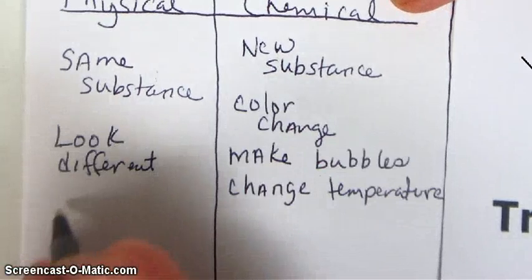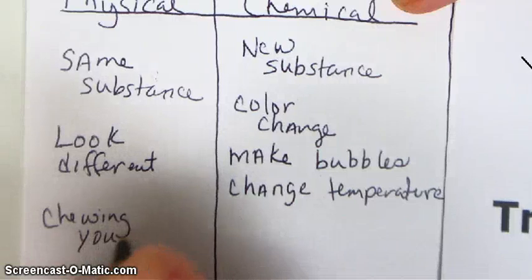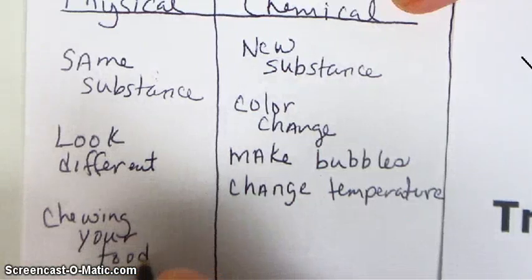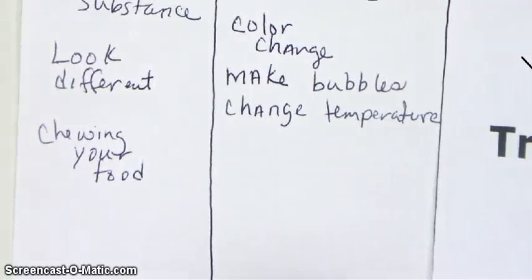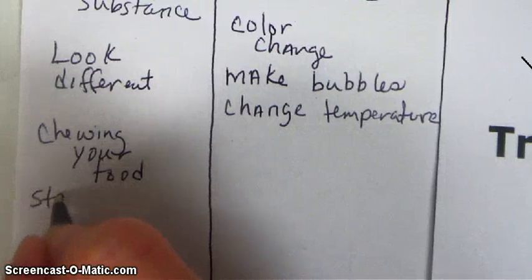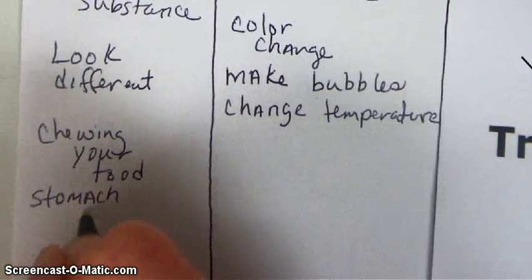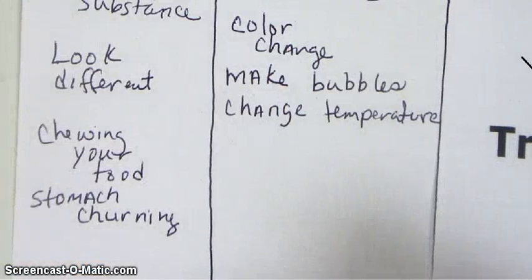Physical in digestion could be chewing your food. That's physical. It's still your food, just ground up into small pieces. Or your stomach churning, just mixing up your food.